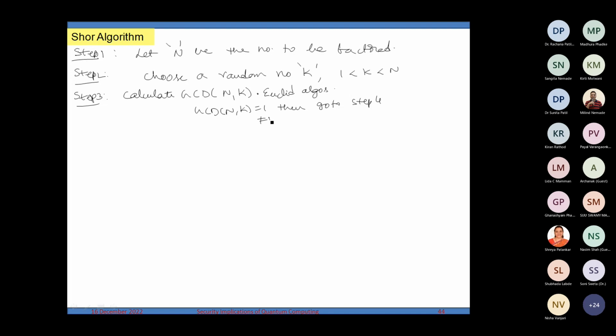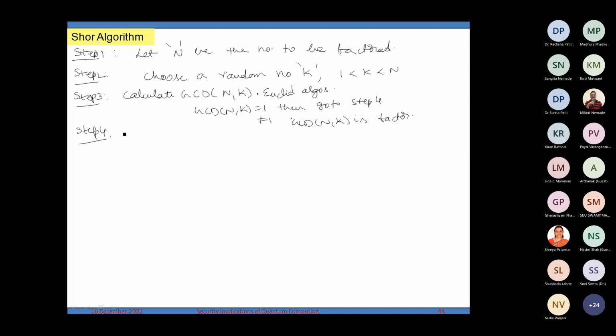If it is not 1, that means we have a factor. If the GCD of n comma k is not 1, then the GCD value is the factor we are looking for. So typically we go to step 4, that means GCD is 1.